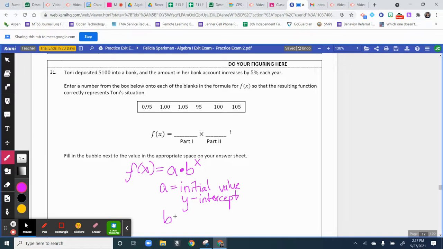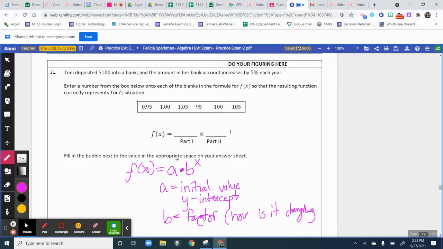The b value is the factor. This is how it is changing.